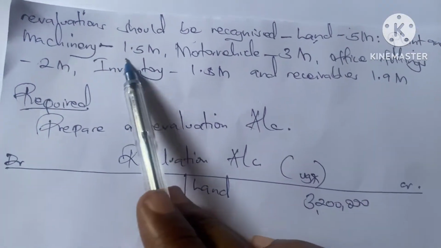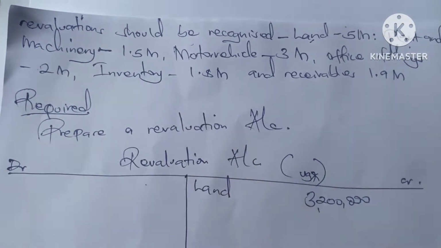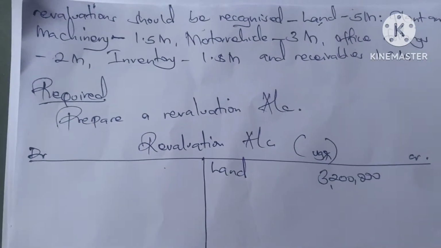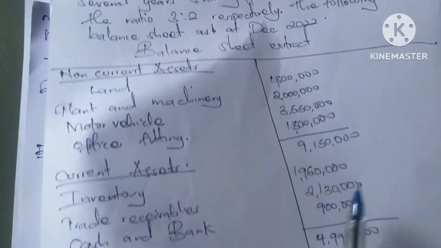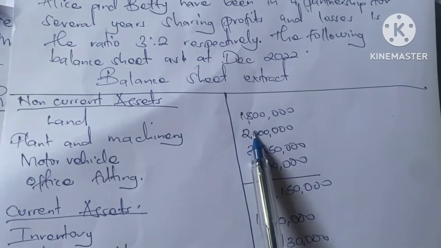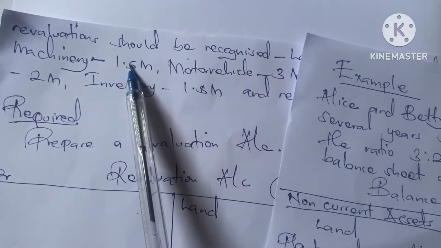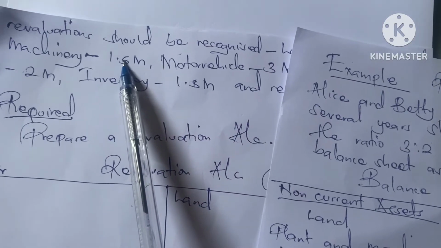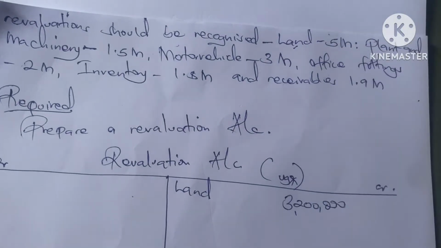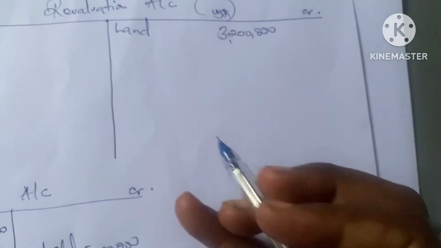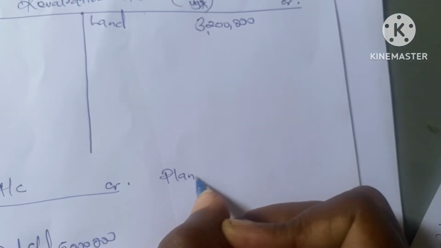Like that. Then they've told us plant and machinery was revalued to 1.5. So plant and machinery, what was its figure? It was 2M. Then it was revalued from 2M to 1.5, meaning there is a decrease in the value. So we prepare the plant and machinery account.